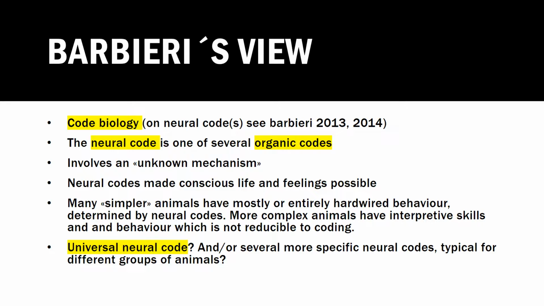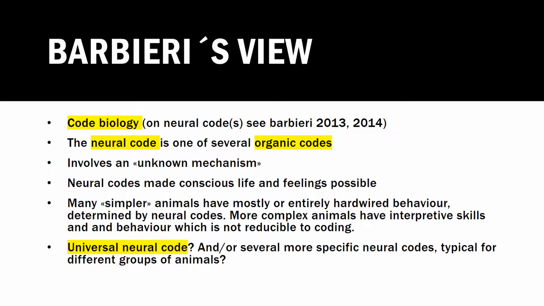And he distinguished between simpler and more complex animals, saying that the simpler ones have pretty much hardwired behavior. And in those cases, the neural code would, to a large extent, determine perception and action, whereas more complex animals also operate with neural codes, but have interpretive skills, which makes things more complex.